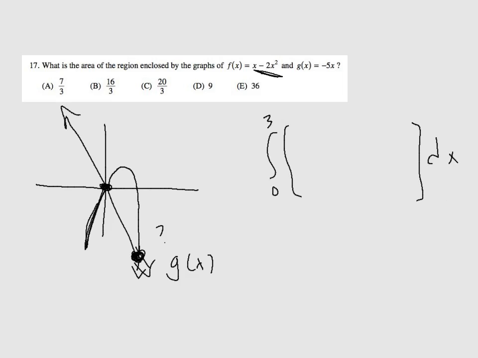Alright, I set up the integral, and again, I know I already found my starting limit of 0 right here, and my upper limit of 3 right there. I know that this is the region that I'm trying to find the area of. Now I need to figure out which function is on the top. That's this quadratic right here, so that's f of x, which is x minus 2x squared.